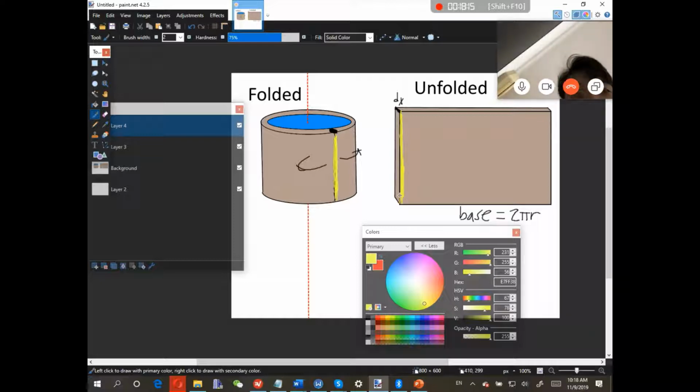So that's my height. My height, which would be the difference between our two functions. So y2 minus y1. Okay.